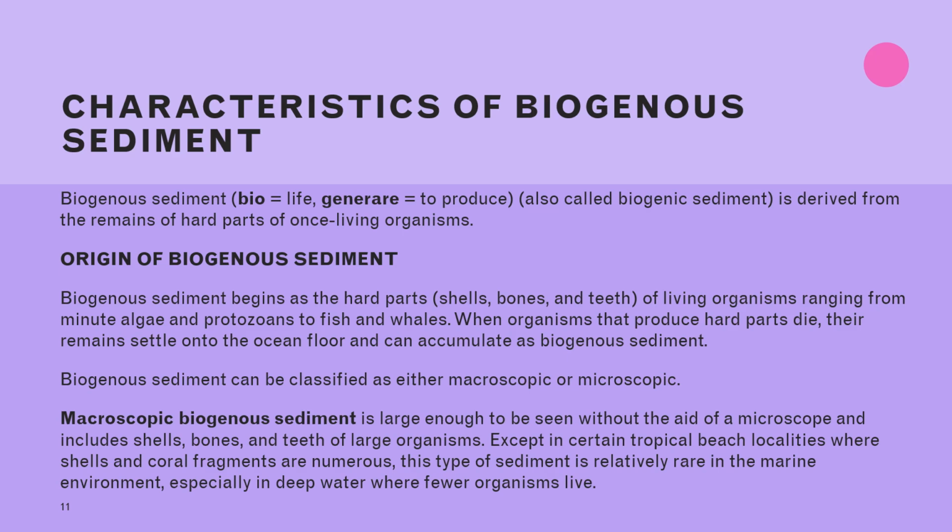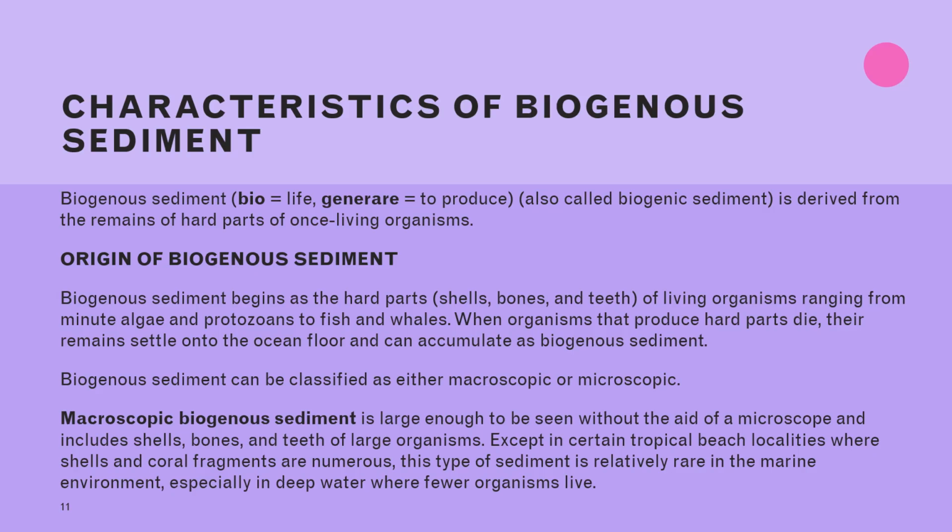Biogenous sediment begins as hard parts like shells, bones and teeth of living organisms ranging from minute algae and protozoans to fish and whales. When organisms that produce hard parts die, their remains settle onto the ocean floor and can accumulate as biogenous sediment. Biogenous sediment can further be classified as either macroscopic or microscopic.